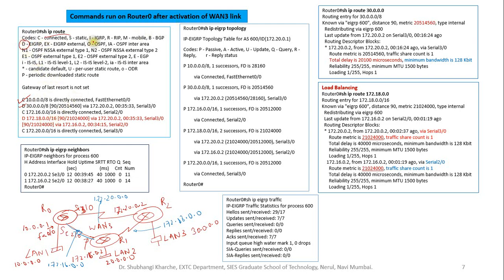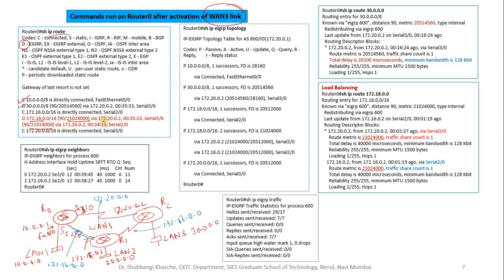Now this is the response of the show ip route command after the activation of the WAN3 link. Here you can see that the router R0 can reach the 170.18 network via two different paths, but having the same metric 2102400, and it is reachable via two separate interfaces.